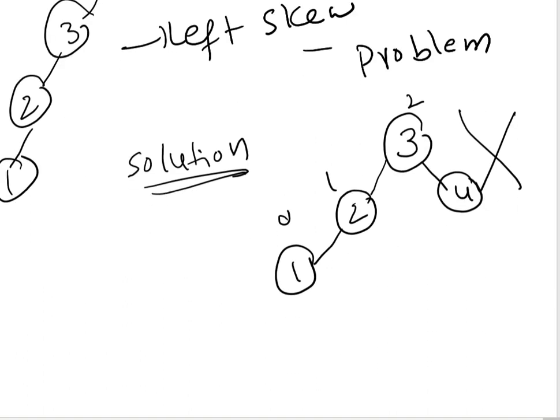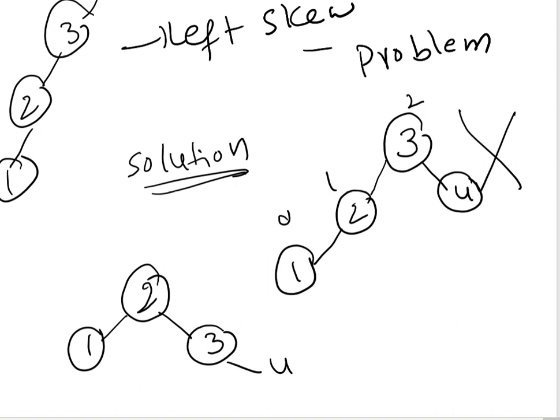So what will be the problem? If I make 2, then 1, then I go for 3 and 4. Again the problem is the height is 2.